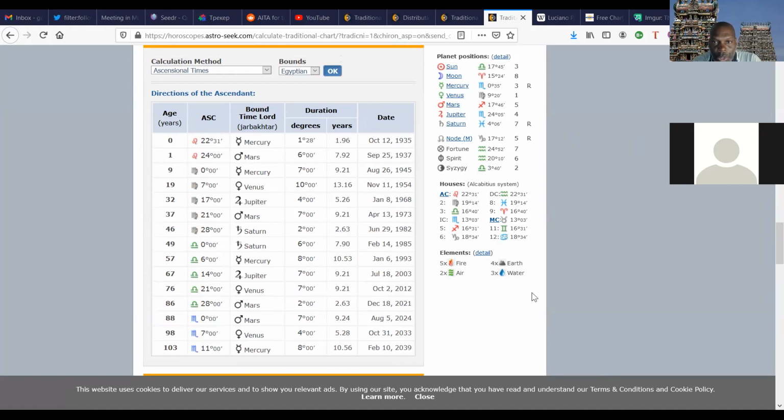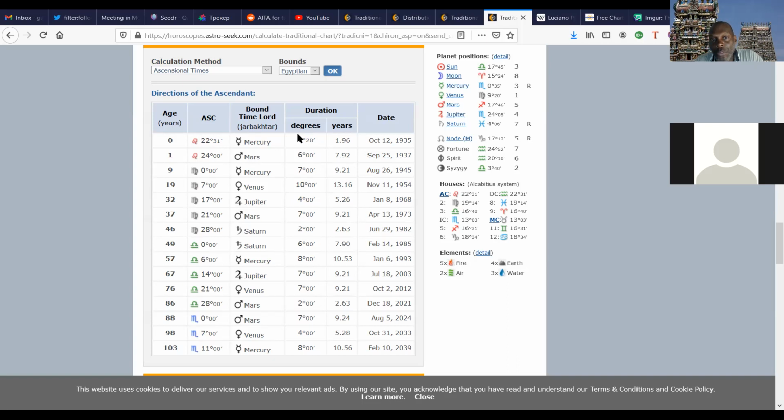22°31' Leo is the bound, or term, of Mercury. There is 1 degree and 28 minutes left in that bound because it started at 18 degrees and ends at 24, and he's at 22°31'.